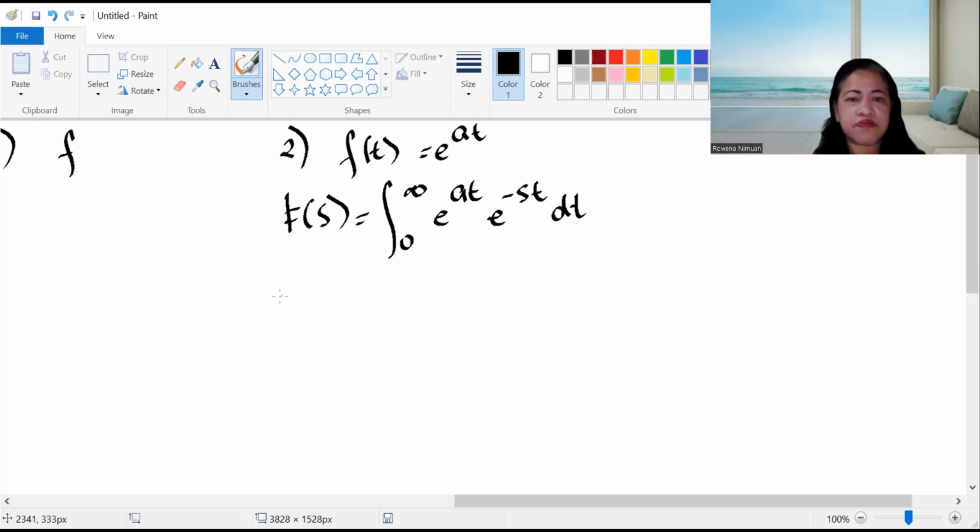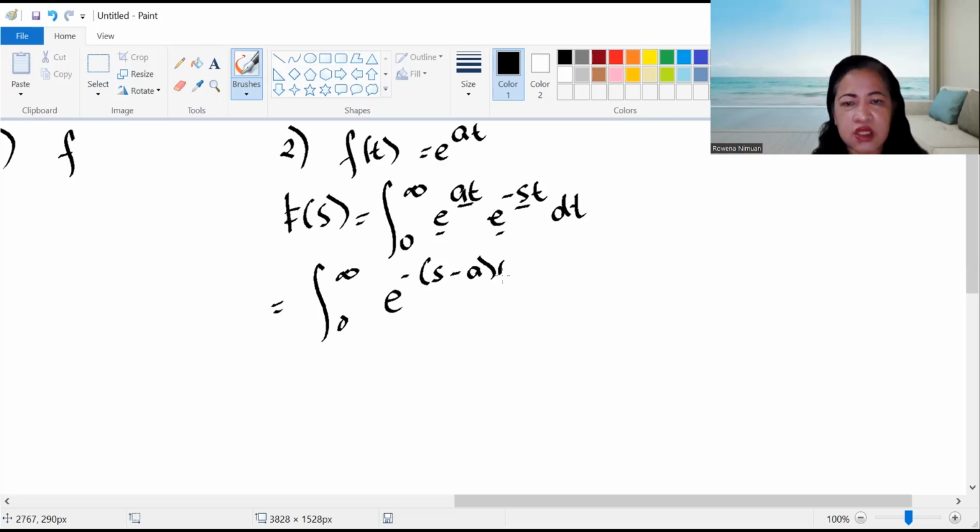Since these have the same base, in algebra you can add the two exponents. So that is e to the negative (s minus a)t dt.